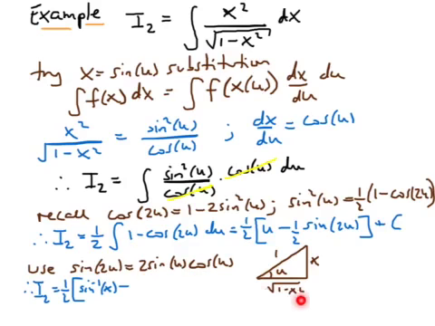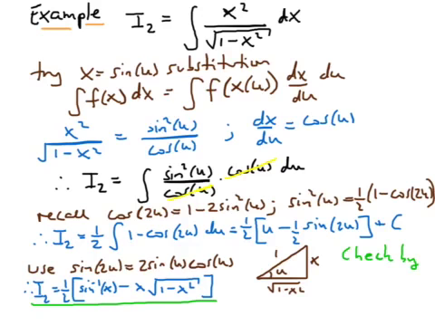Sine u is x, cos u is the square root, so we have minus x times the square root of 1 minus x squared, close brackets. And that is our final result for I2, and again, as ever, you should check by differentiation.